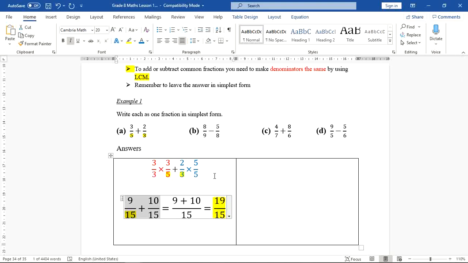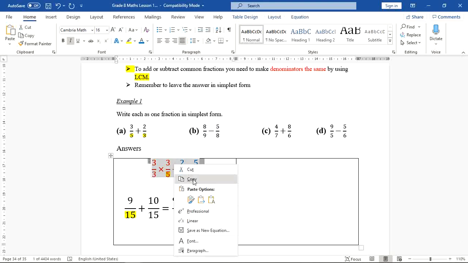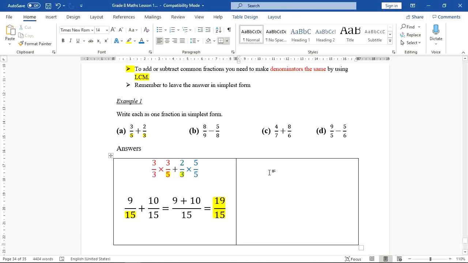So let's move on to part B. Part B, we are doing the subtraction. If you can just allow me to copy this so I can change it. Copy, and then I change this to a subtraction, make it black.